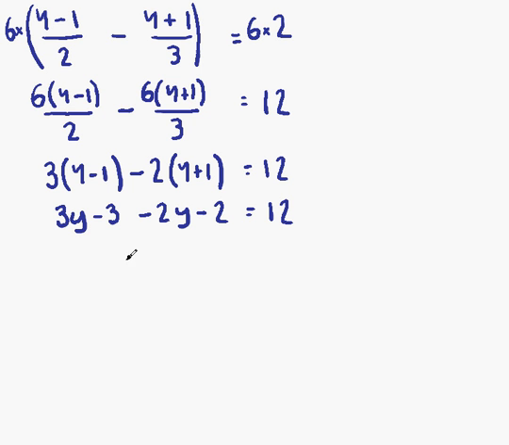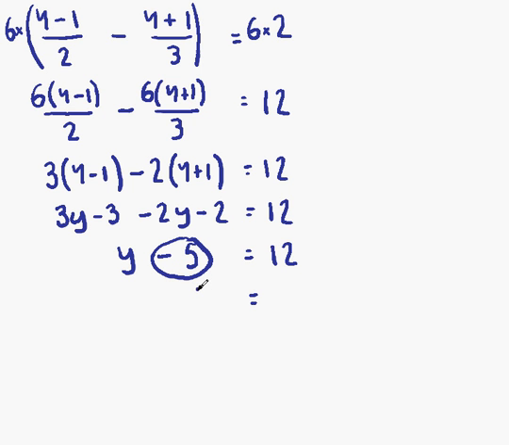Looking at our left hand side, we have some like terms, so we can simplify. First of all, we have 3y minus 2y, which is y, and we have minus 3 minus 2, which is minus 5. Y minus 5, and on our right hand side we still have 12. As usual, the next thing we do is put our letters to the left and numbers to the right, so the only thing that has to move is our minus 5.